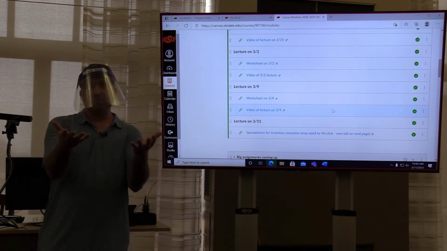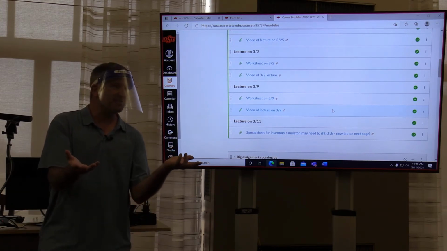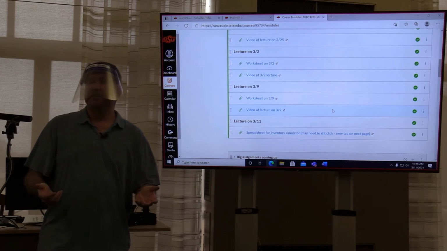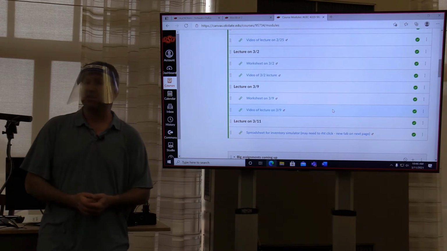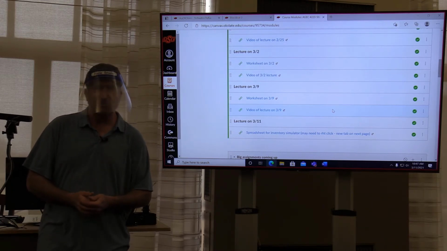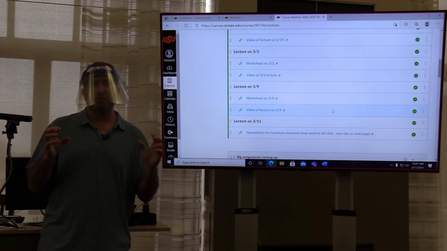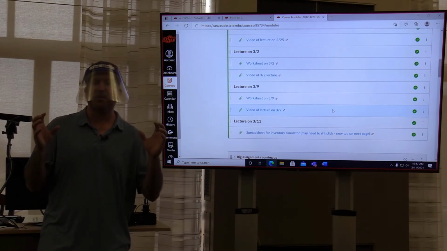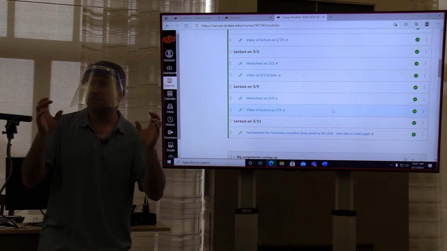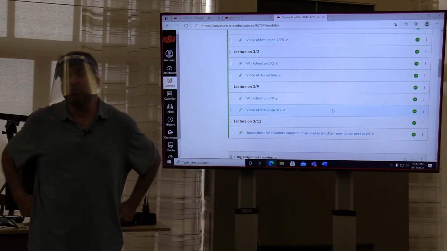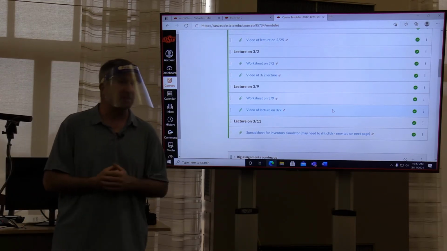And also, we're having this online section as well. So usually, this class is 60% Chinese students. The China students really like this class because a lot of them want to go on to get graduate degrees in some quantitative business area, like quantitative supply chain management or something like that.